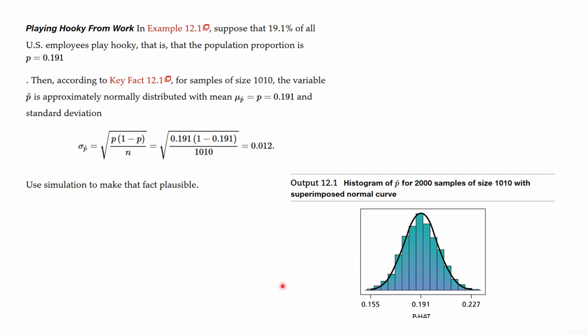It shows a histogram of those 2,000 values of 1010 US employees each, and it was shaped like the superimposed normal curve with the parameters of 0.191 and 0.012. So that means it's centered on 0.191 as its average, and the spread is equal to the standard deviation of 0.012 to either side.